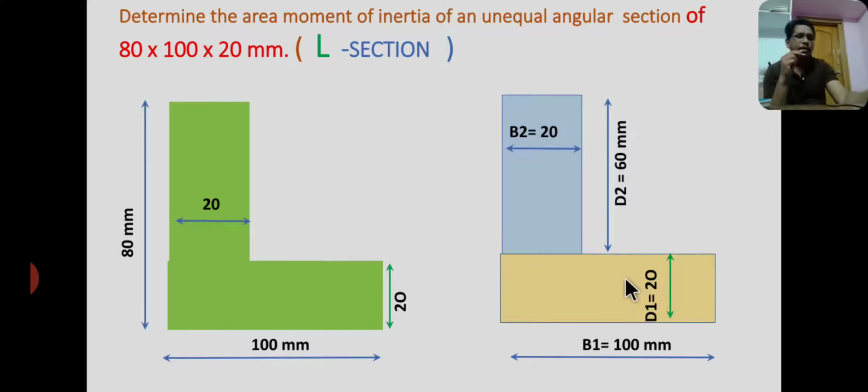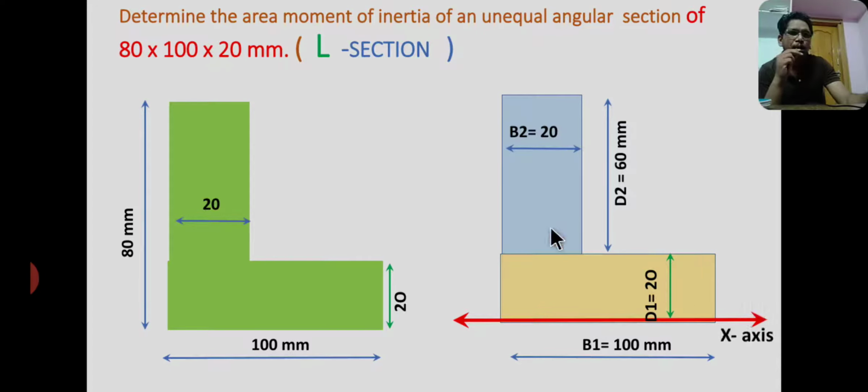Now in the next slide I am going to explain how to locate the centroid of the L section. First of all you have to consider a reference axis. So I consider an x-axis at the bottom edge and a y-axis at the left side edge.